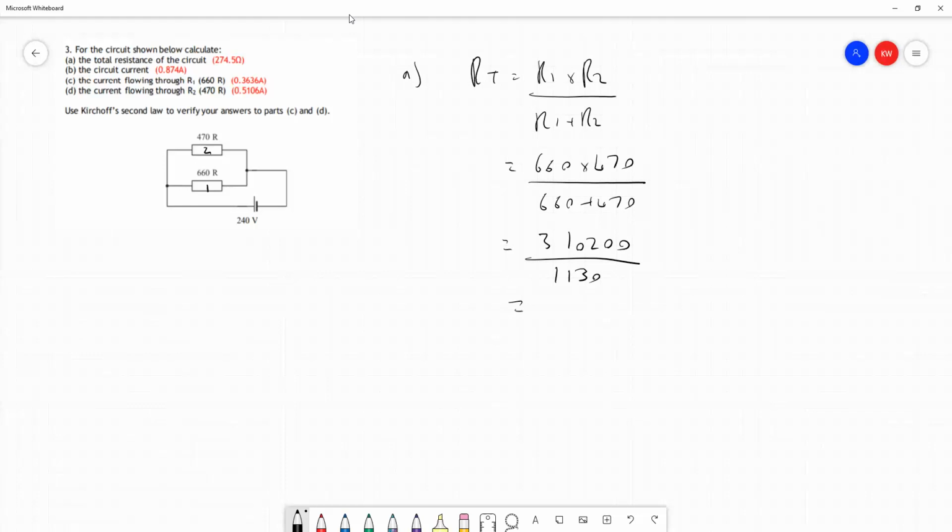So that gives us an answer of 274.5 ohms for our total resistance.